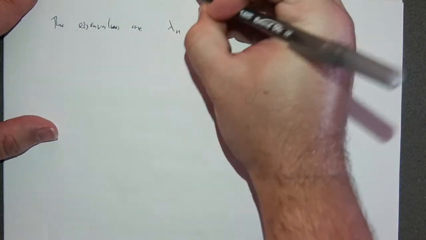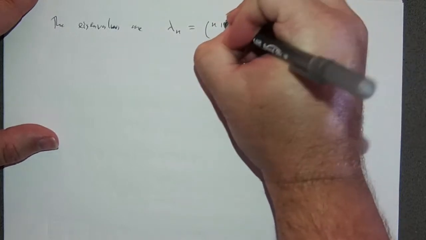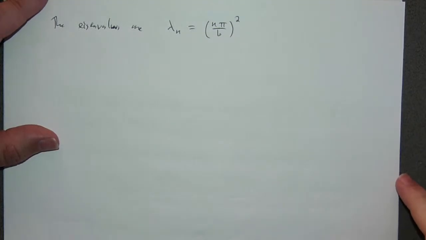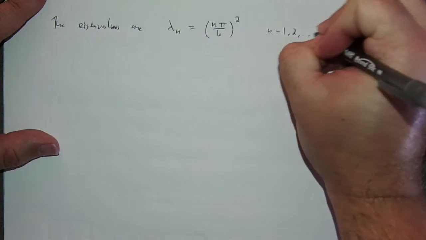The eigenvalues are lambda sub n, which is (n pi over b) squared, for n equals 1, 2, and so on.